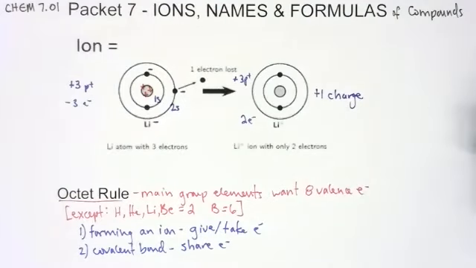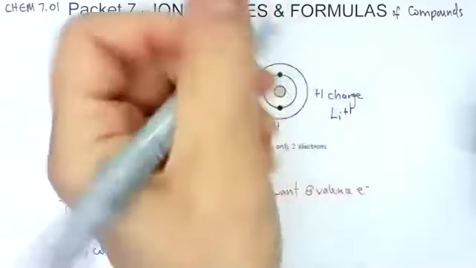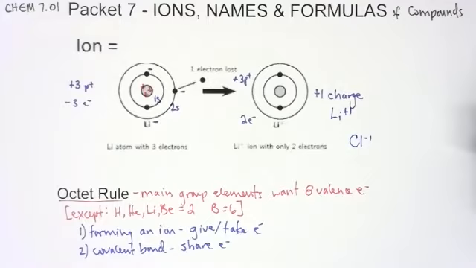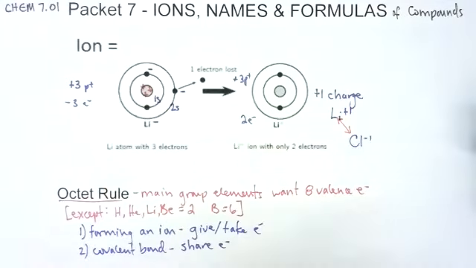If I put this next to an element that has a negative charge, so let's say I put this next to chloride, which has a minus 1 charge, I've got a lithium plus 1 next to a chloride minus 1. These two are going to be attracted to each other, and they'll stick together because opposites attract.